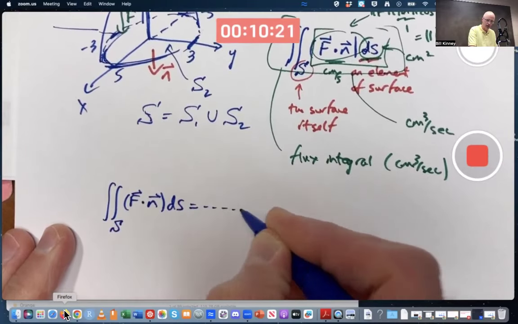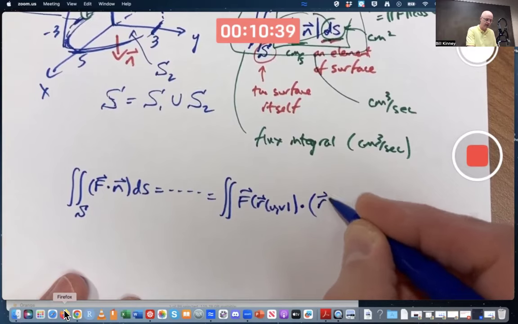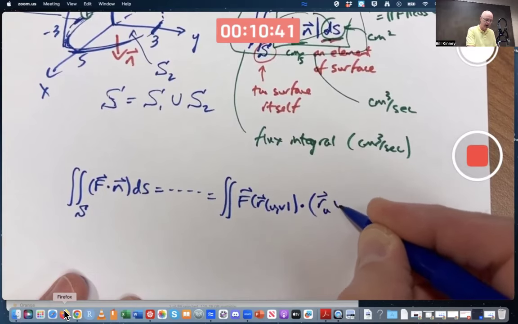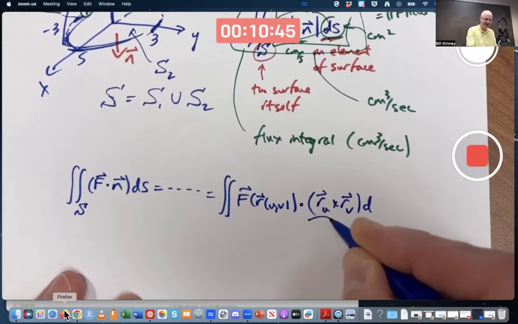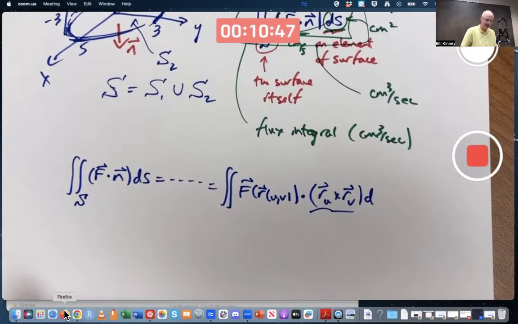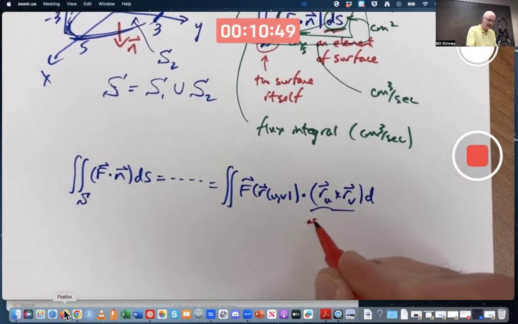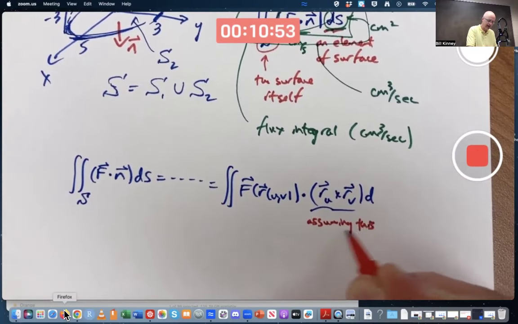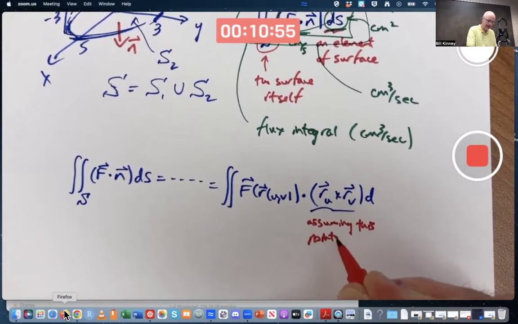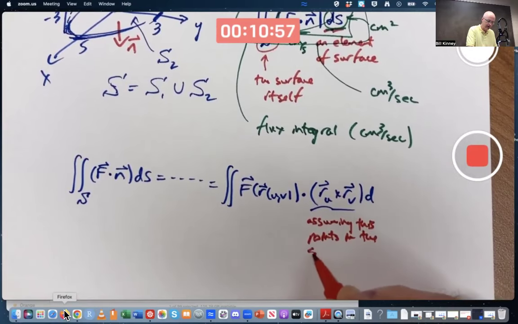It's not a unit normal vector, but it's a normal vector. The derivative of r with respect to u cross the derivative of r with respect to v, assuming this points in the direction of n, the same direction as n.